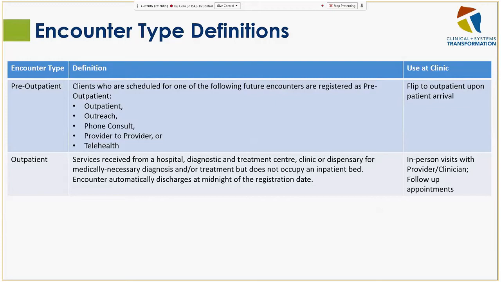So usually, for in-person visits with a provider or clinician or follow-up appointments, all those one-time visits will be outpatient encounter type. And pre-outpatient is similar to pre-recurring. It's just the pre-admission type for outpatients.